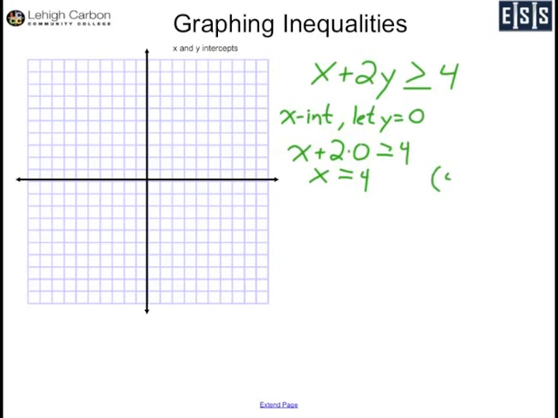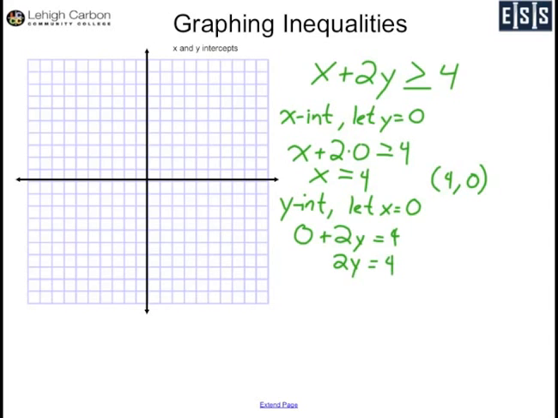This is the point 4, 0. Y-intercept, let x be 0. 0 plus 2y equals 4. 2y equals 4. Y equals 2. This is the point 0, 2.